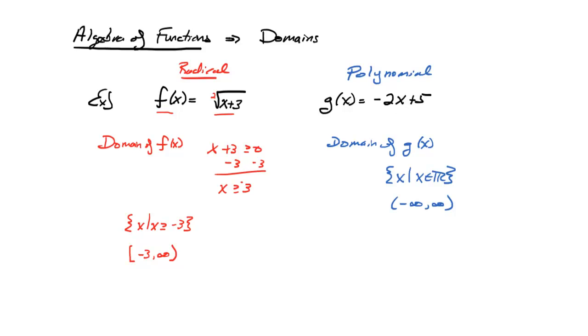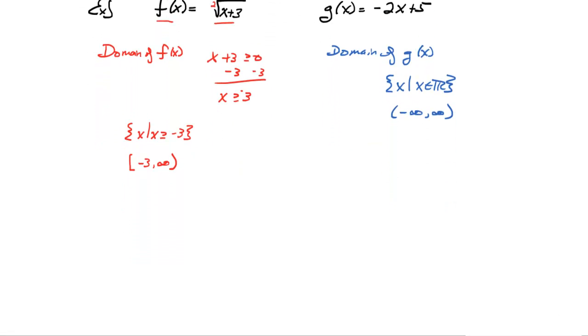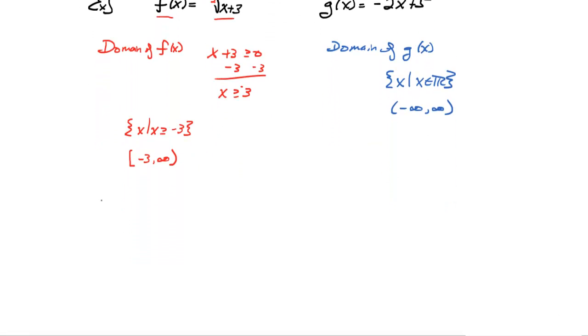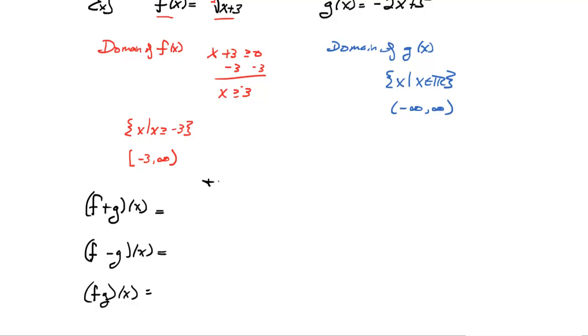So let's say now that we're going to find f plus g of x, and then f minus g of x, and then f times g of x. So we're going to find these three and their domains.